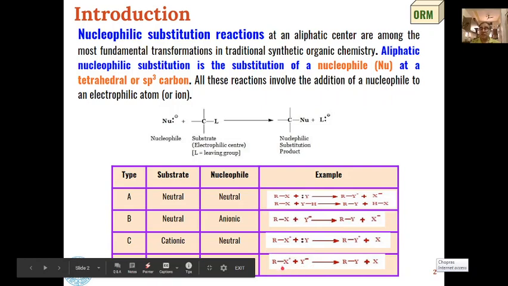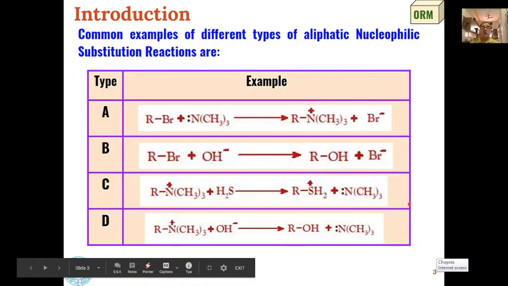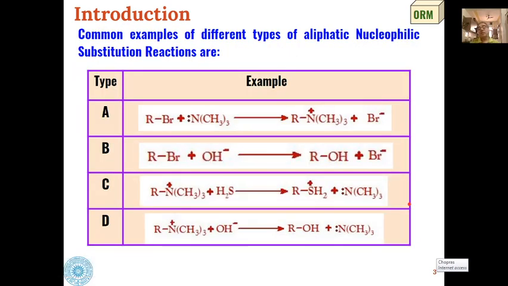The substrate is cationic and the nucleophile is anionic, and we will have these types of neutral products from this reaction, which is another type of nucleophilic substitution reaction.